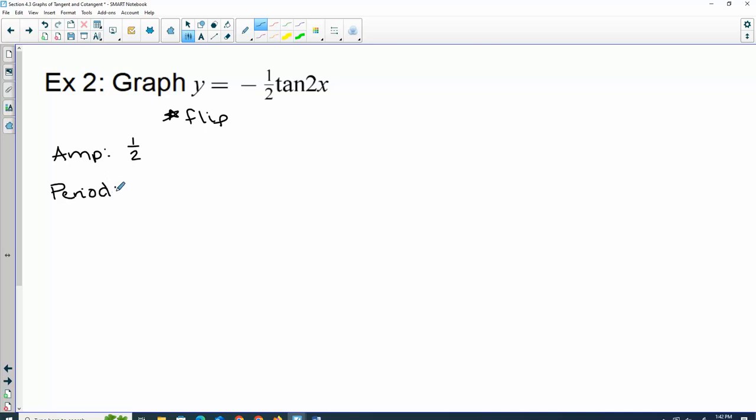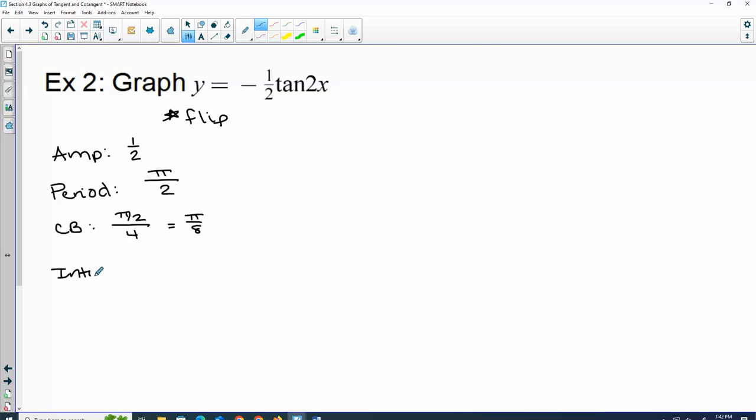Period: tangent and cotangent have a normal period of pi divided by the number in front of x, so pi over 2. Count by is our period divided by the 4 quadrants, so we get pi over 8.